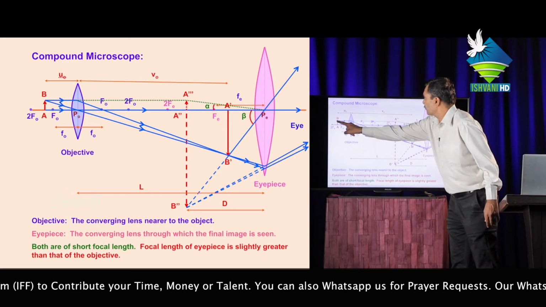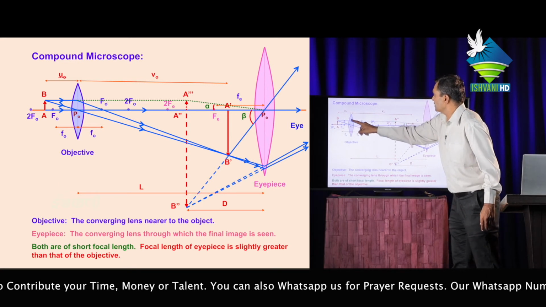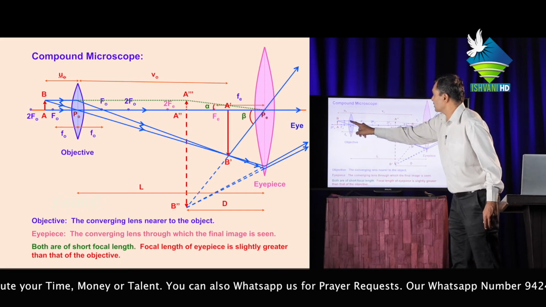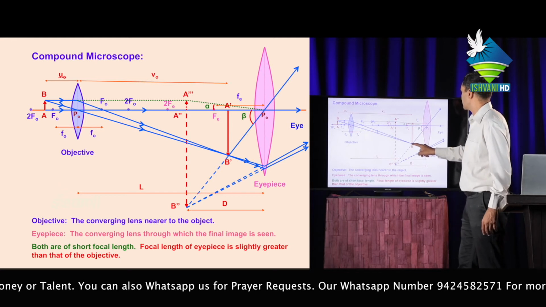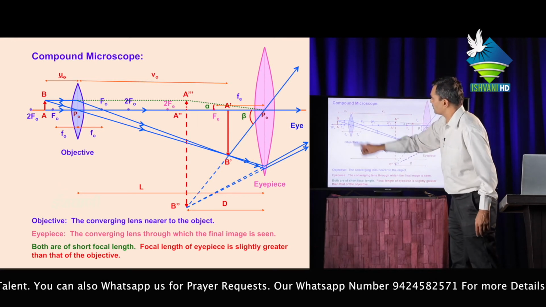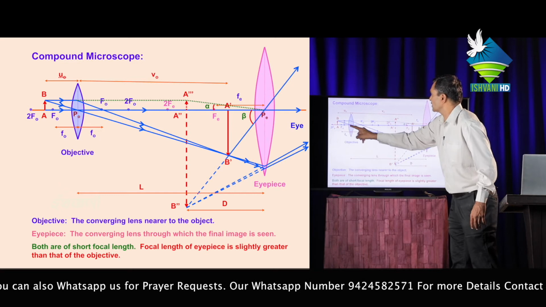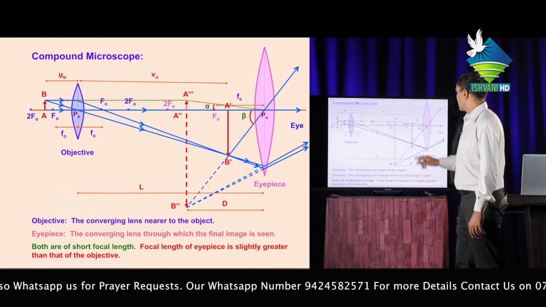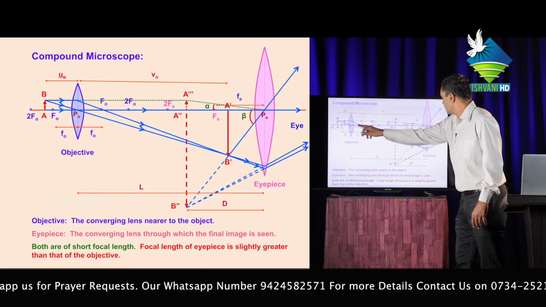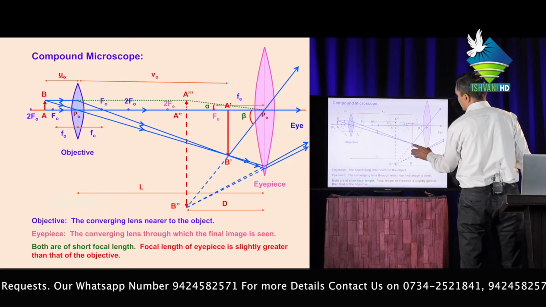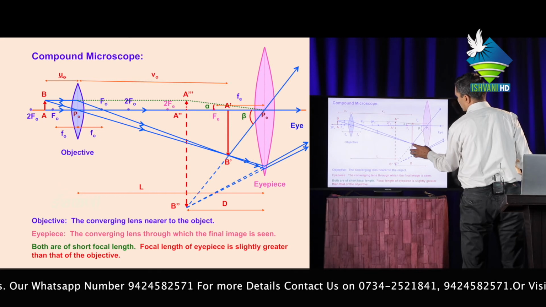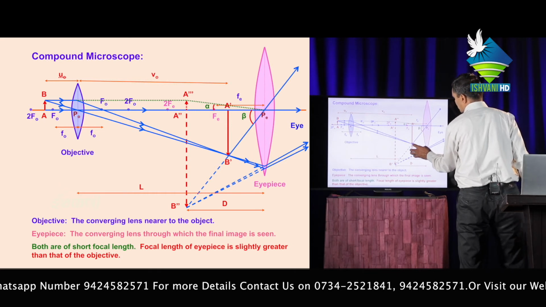Now let us consider object AB is present between first and second focal point. Light travels from B and is incident on this, and the refracted light passing through focus comes at this position, and any other light from the object also passes through the optical center and comes after refraction to this position. Means both refracted rays intersect each other at this point.